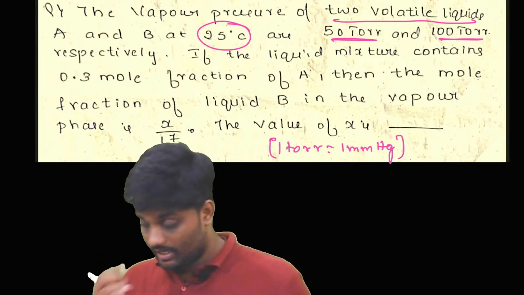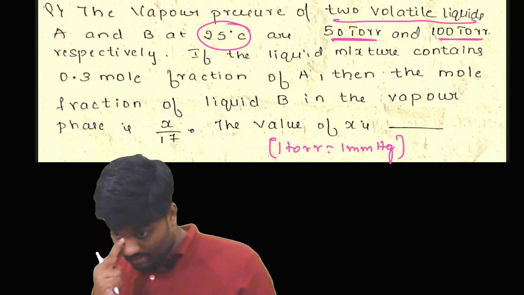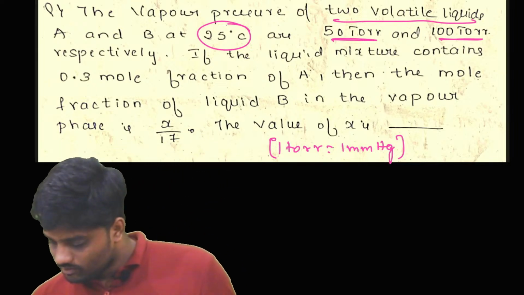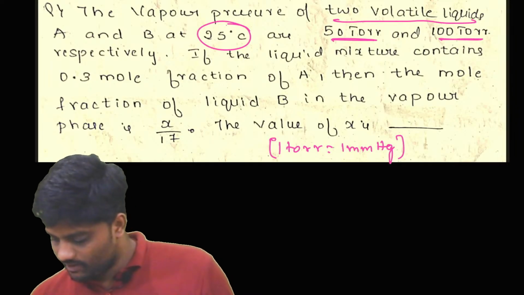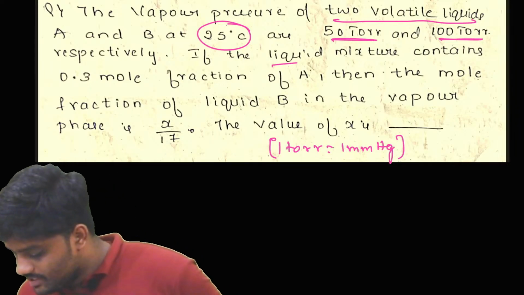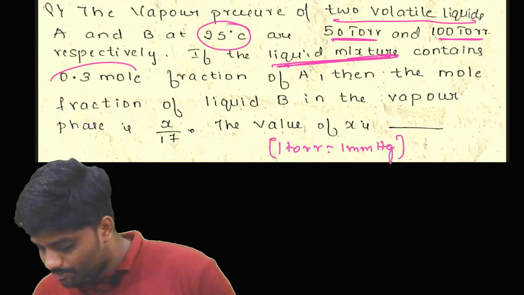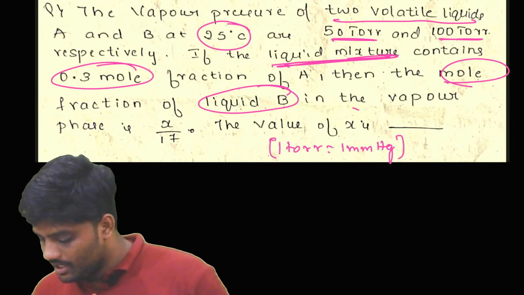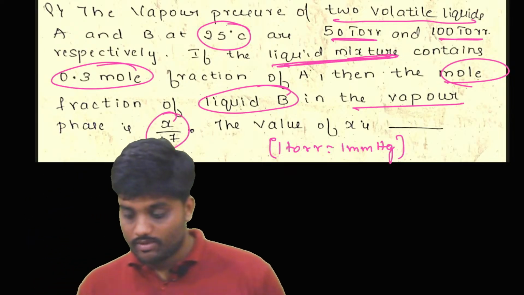We will take 1 torr equal to 1 mmHg. 50 torr and 100 torr respectively. If the liquid mixture contains 0.3 mole fraction of A, then the mole fraction of liquid B in the vapor phase is x by 17 and 30.